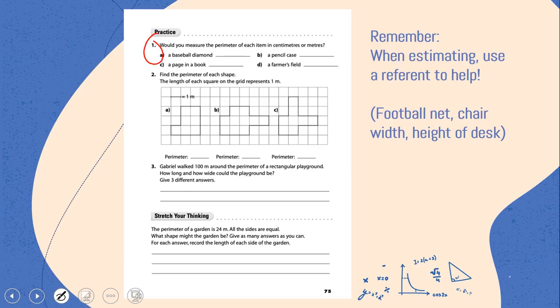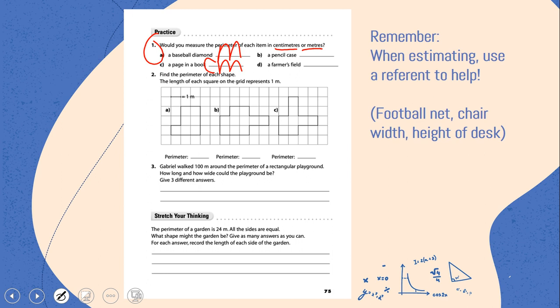Then for page 75, number 1, you just need to tell me if you would measure it in centimeters or meters. So remember, small things are centimeters, big things are meters. So for a baseball diamond, that's pretty big. I would probably measure that in meters. Okay, but a page in a book, I would probably measure that in centimeters. So you need to answer B and D, okay?